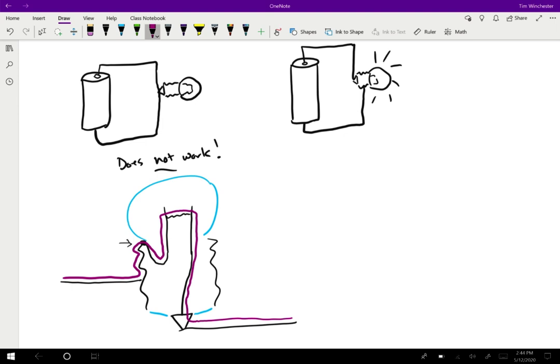So what a light bulb does is it actually is just a really weirdly shaped wire. The light is generated when the electrons are forced through this really narrow part here. That piece of wire heats up and becomes so hot that it glows.